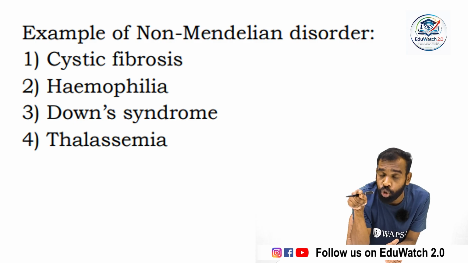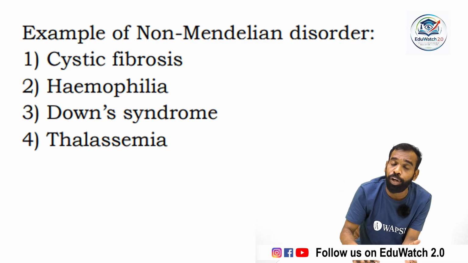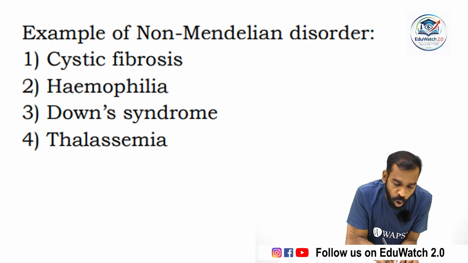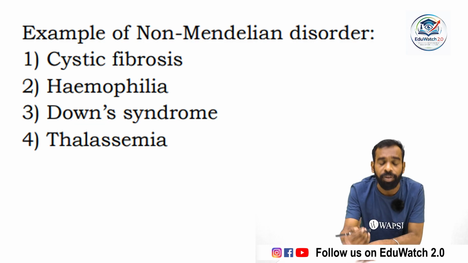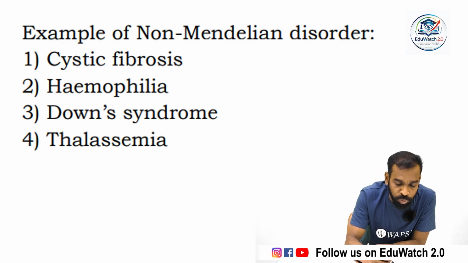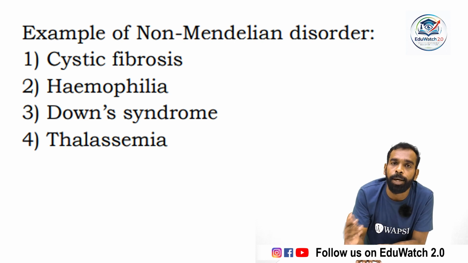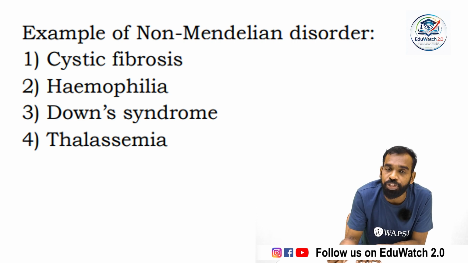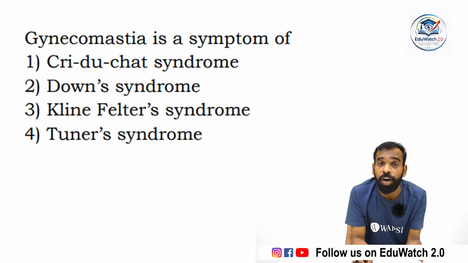Chromosomal disorder, Mendelian disorder, non-Mendelian disorder, which means it will not be inherited. So Down syndrome. So could you please read the textbook and learn the features? Cystic fibrosis, hemophilia, Down syndrome, thalassemia. From this given option, option 3 is the correct answer. Question number 5.